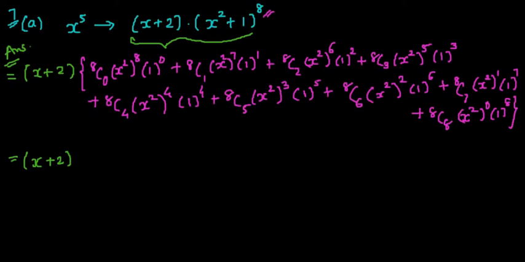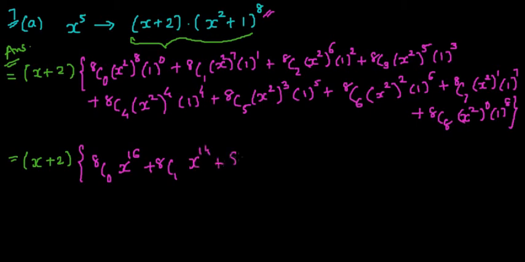Whatever we wrote in the curly bracket, we write a little simplified version. So 8c0 we write as it is, and we just see the power of x. So x is having here 8 into 2, 16 power, and 1 no need to write. Similarly, the second term is 8c1, x is having 2 and 7, so 14 power.